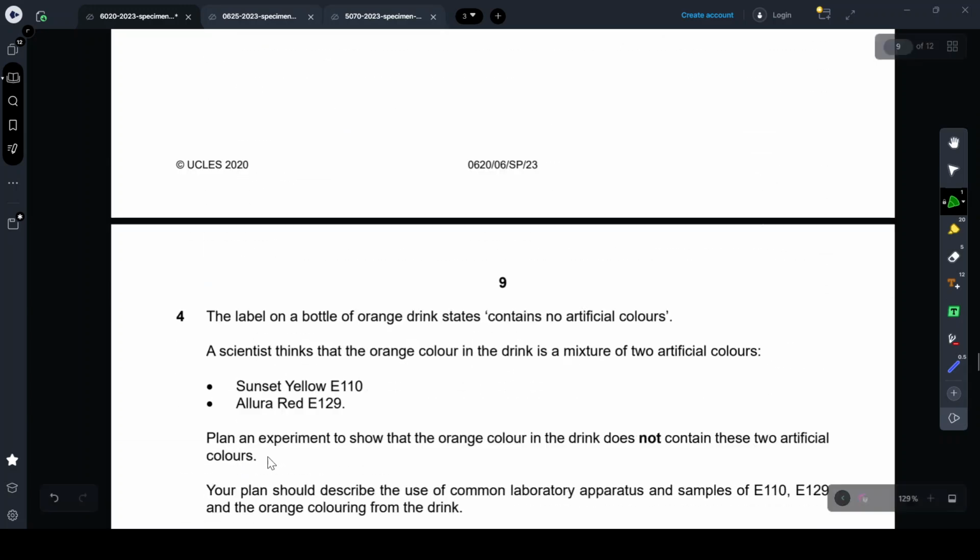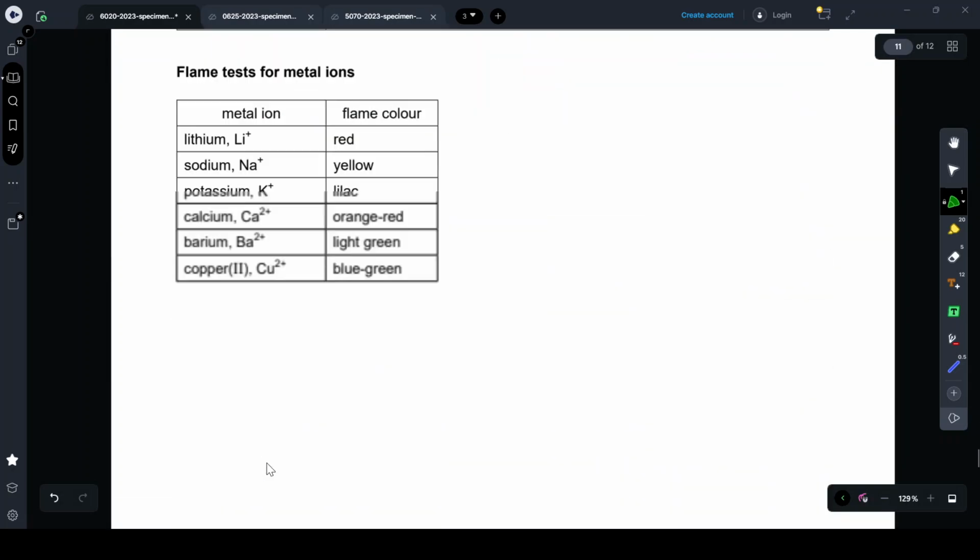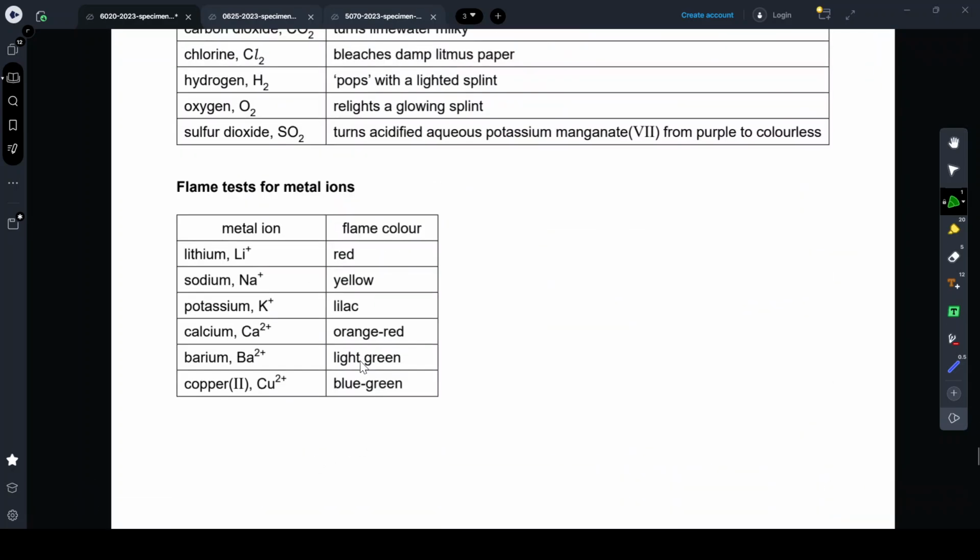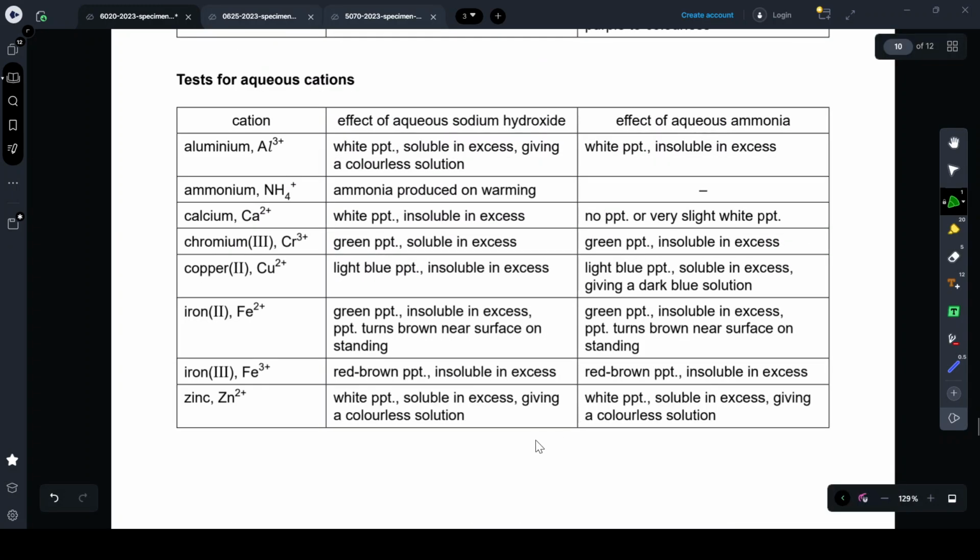First of all, for the flame test, you're getting orange-red, which means you've got calcium. So the cation you have is calcium. You can also check it over here. For sodium hydroxide, you get a white precipitate that is insoluble in excess, so that checks out.